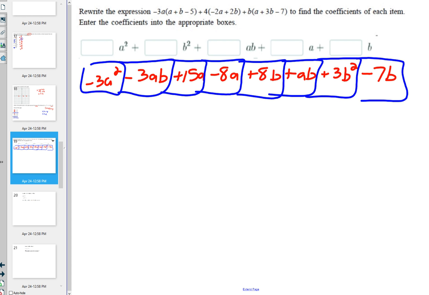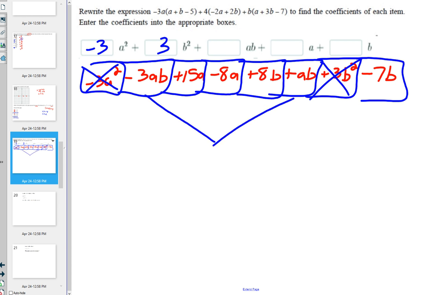As far as the a squareds go, I only have one of them, so congratulations, this gets to be negative 3. As far as the b squareds go, the b squared is 3. So that would have been one of the boxes you checked. The ab does have like terms.